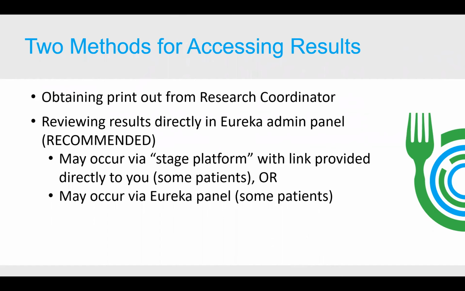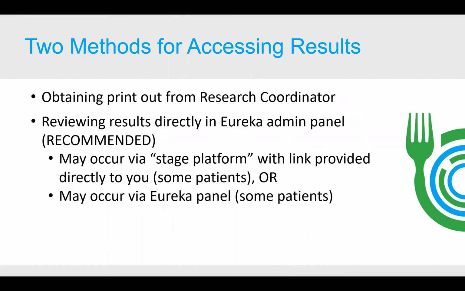It may occur that you need to access the results through the Stage platform, which is given to you by a link that we'll send directly to you. This is only relevant for certain patients where we've had to adjust the data because they didn't follow the outline of the diet switches as was directly specified in the app.